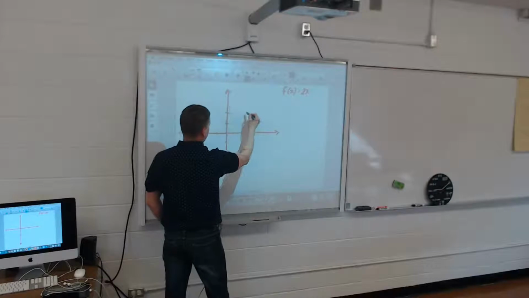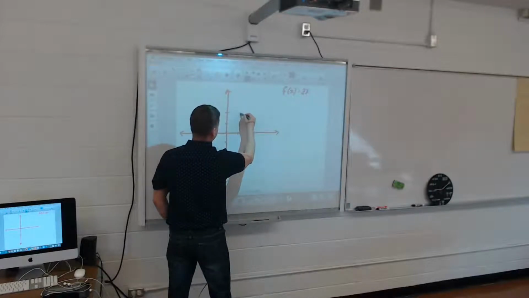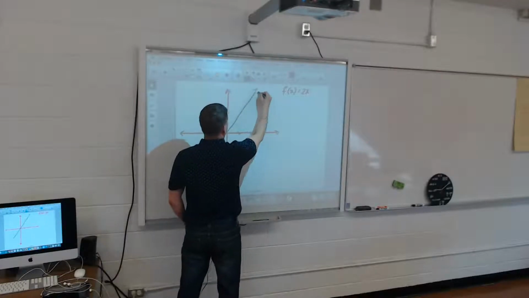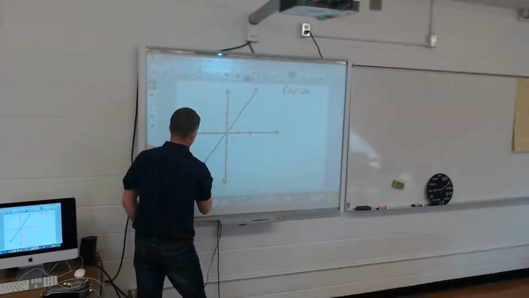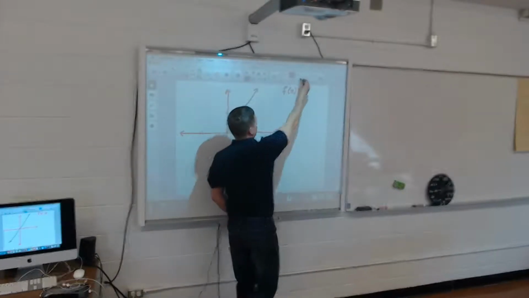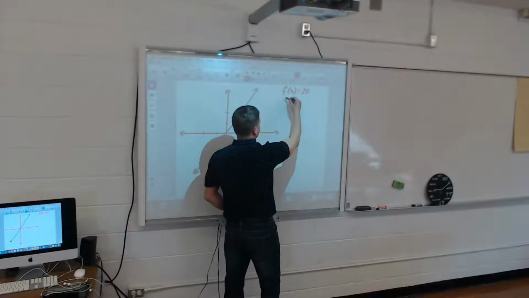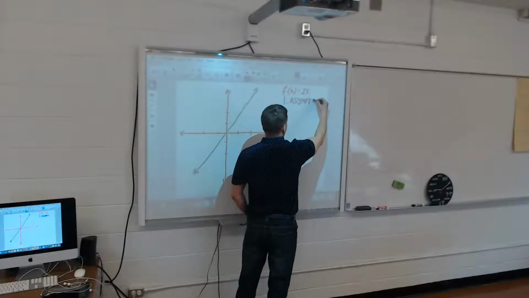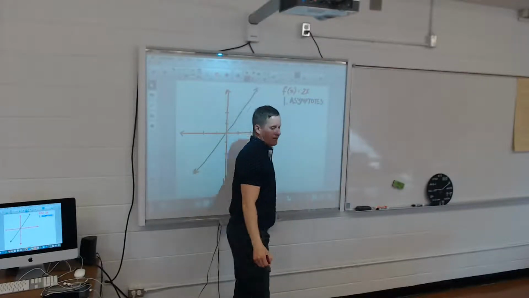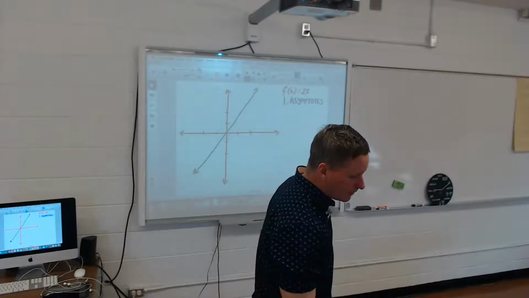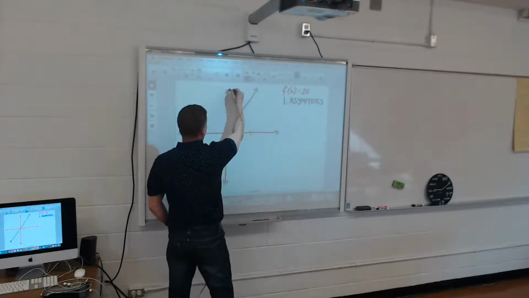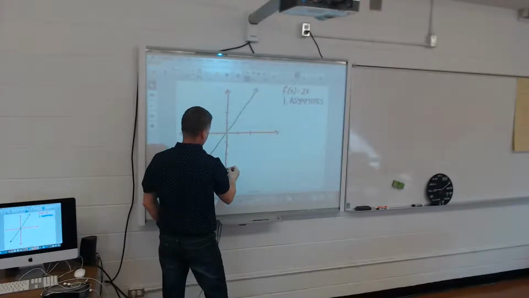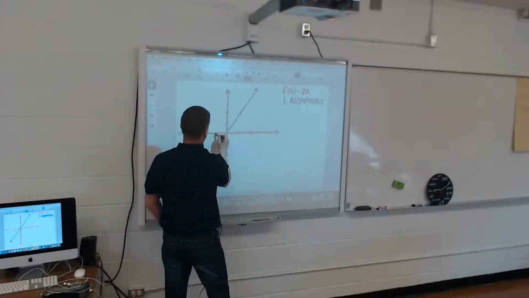I go up 2, and then I go over here to write 1. So first thing I label are my asymptotes. My asymptotes are, in this case, along the y-axis and along the x-axis.